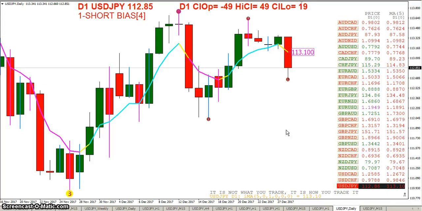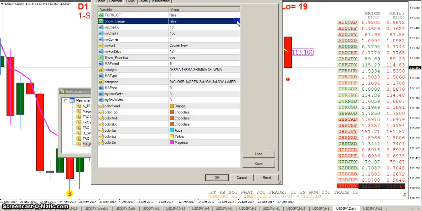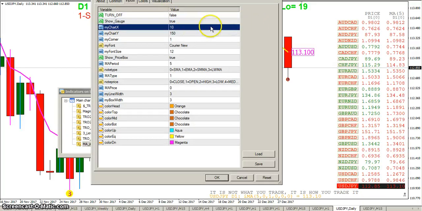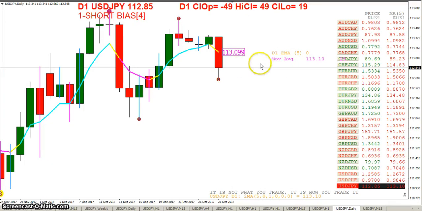And you can compare it to close. And in fact, that particular indicator, this one, has a gauge. We can turn it on, but let's move it out of the way. And once again, a little upside down triangle is the chart shift. You pull it over and then you can have some room.